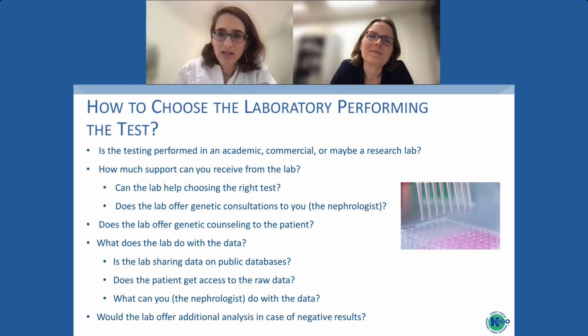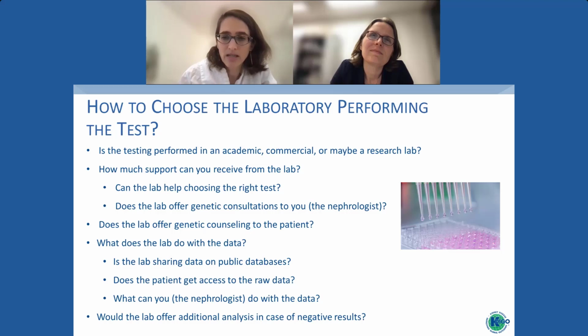Regarding the lab offering additional analysis, I would add that there are commercial laboratories in the US that would offer additional analysis for a small fee, while for others, you would have to redo the test from scratch, send a new sample, etc. But also there are cases where a VUS is identified, and some labs will offer testing of family members to try to clarify whether this VUS is segregating with the disease in the family or not, while other labs do not do that.